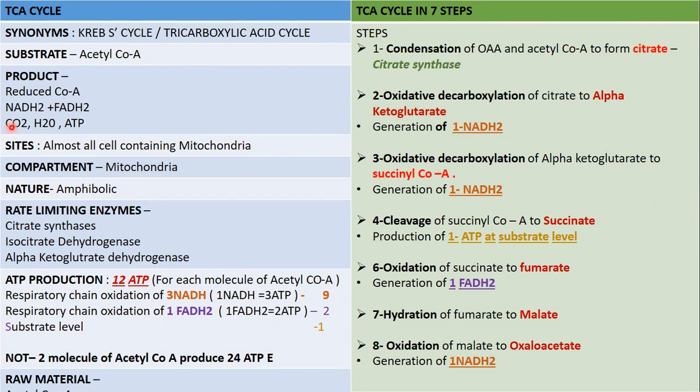And when we talk about the anabolic role, we call it an anabolic pathway because it produces various intermediates for the synthesis of many compounds.